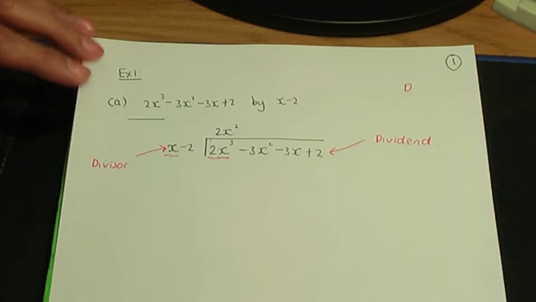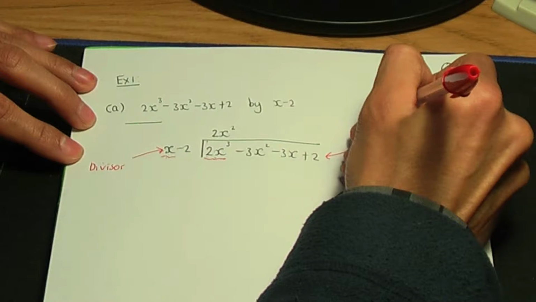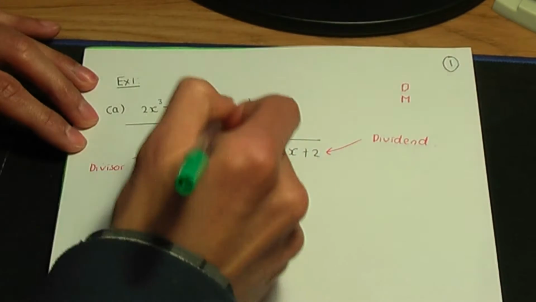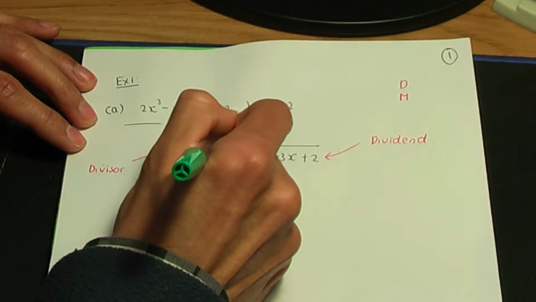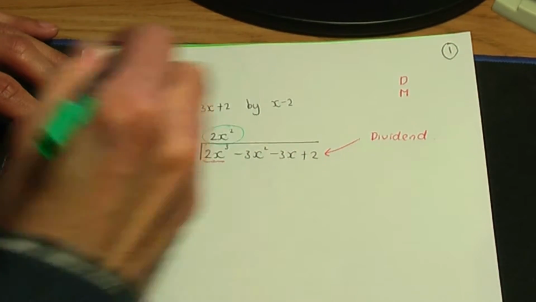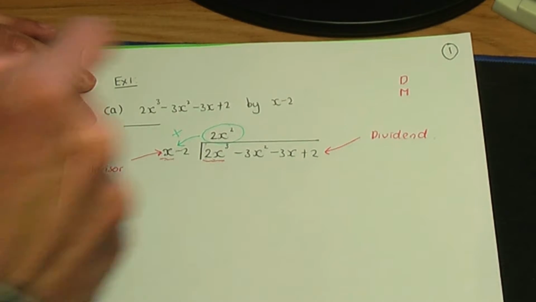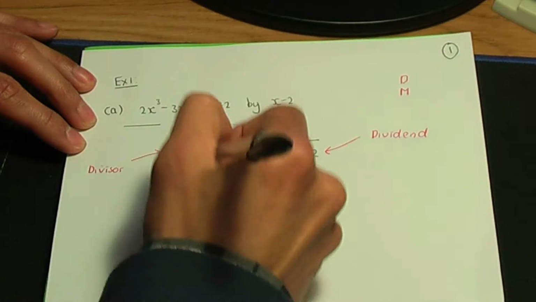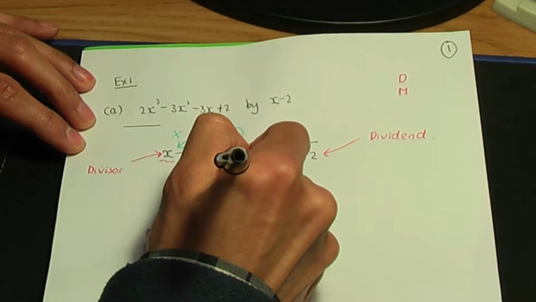After you divide, you multiply. M means multiply. You need to multiply the 2x squared by both terms of x minus 2. 2x squared times x is 2x cubed.